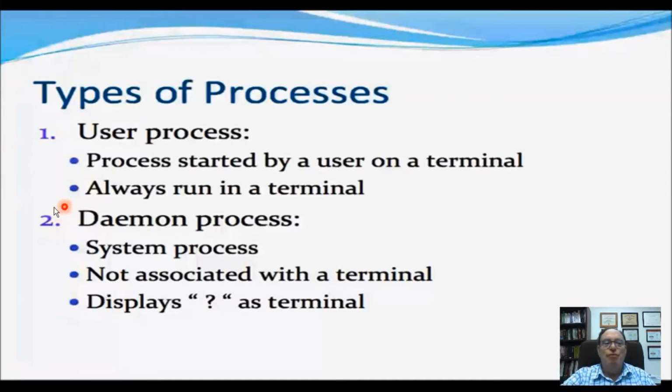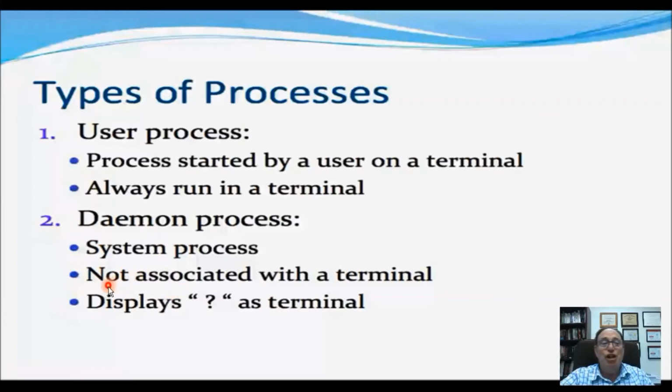The second type of process is what's called a daemon process. This name originally came from "daemon" way back, because, transparent to the user, they were just started by the system and the user didn't know where they came from, so it just kind of got the nickname over the years of daemon process. These are processes, like I said, that are started by the system.